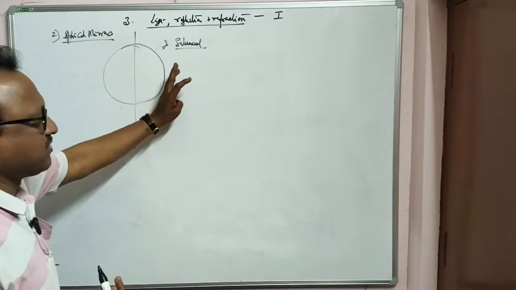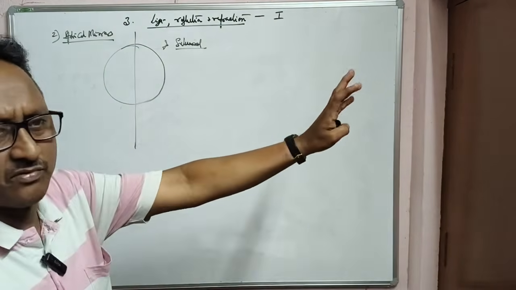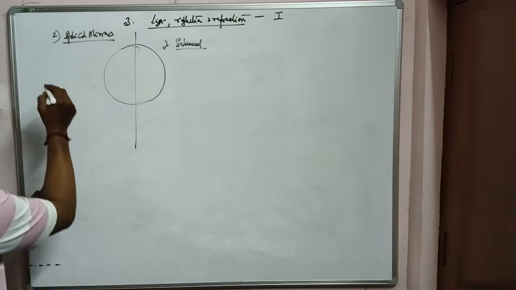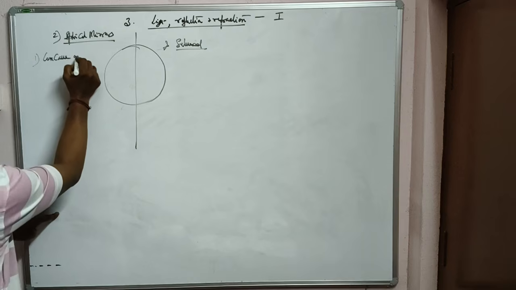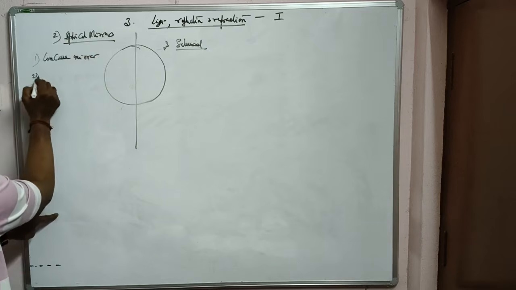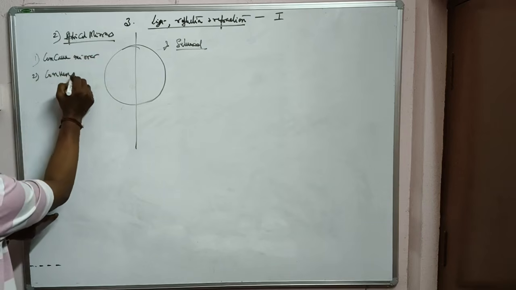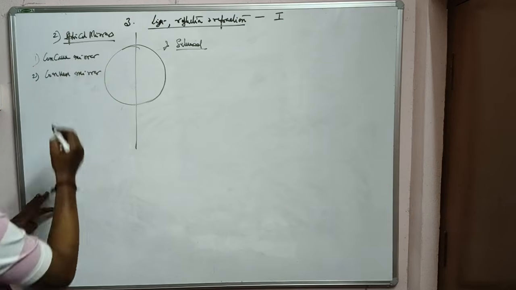As I said, plane mirror is not in your syllabus; it comes in higher classes 11th and 12th. In your 10th standard you have only concave and convex mirrors. Concave mirror, and the second one is convex mirror. These we will deal with properly.